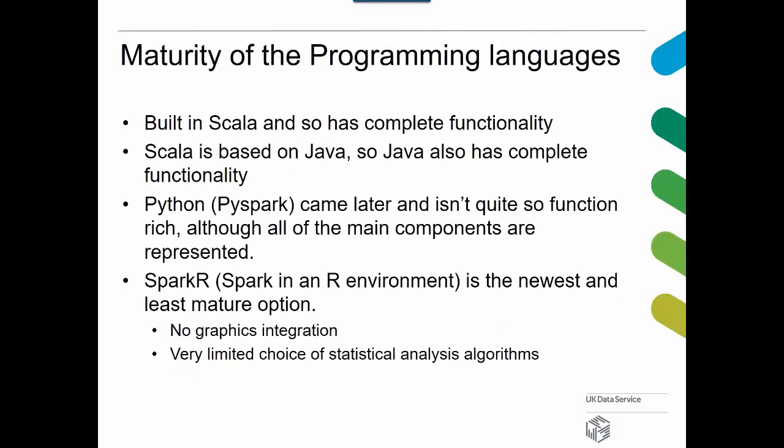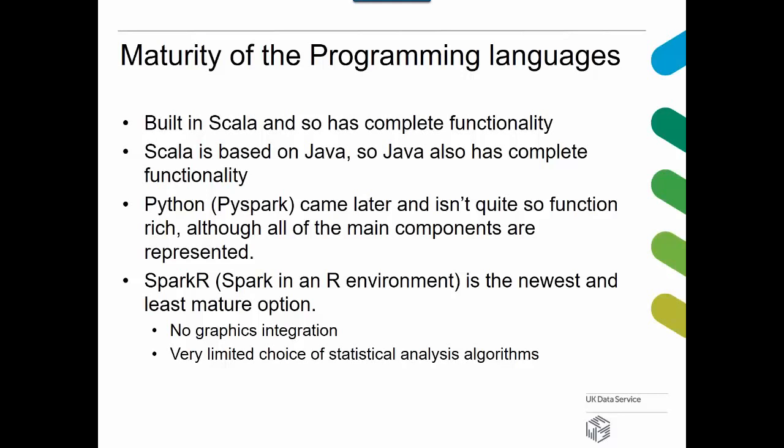So Scala is the first language, and so it has complete functionality. Because Java is so similar to Scala, it tends to have full functionality. When I say functionality, I mean all of the facilities that you can do in Scala, you can do using Java code using the Spark libraries.